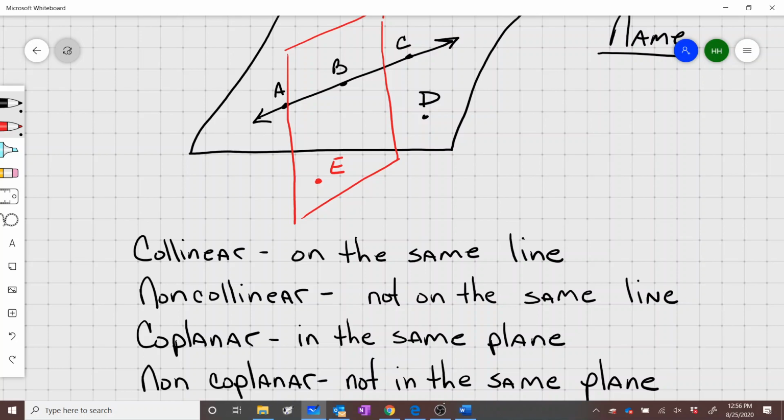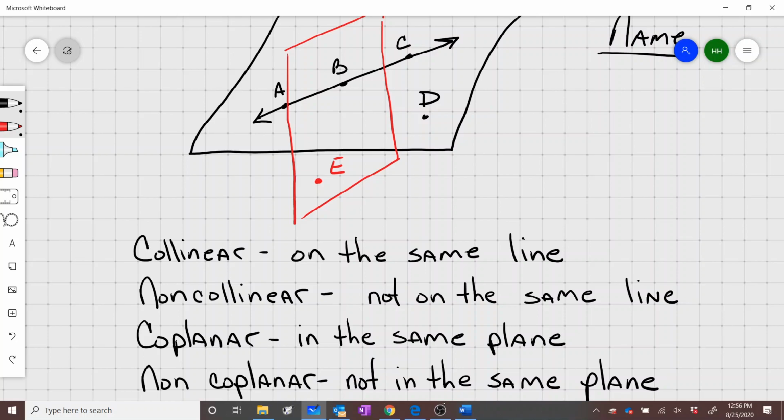Some of the problem with geometry is that you have to be able to see a two-dimensional drawing in three dimensions. Okay? The red plane is the vertical plane that intersects the black plane, which is a horizontal plane. So it's kind of like my desk and this piece of plexiglass.